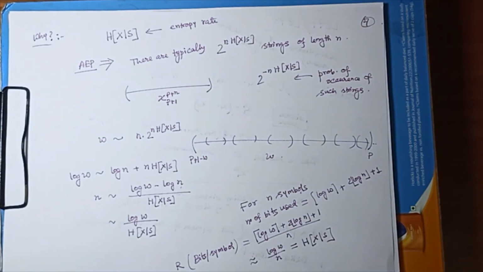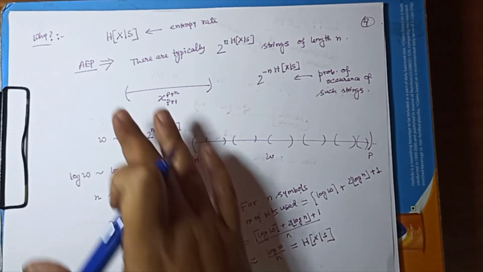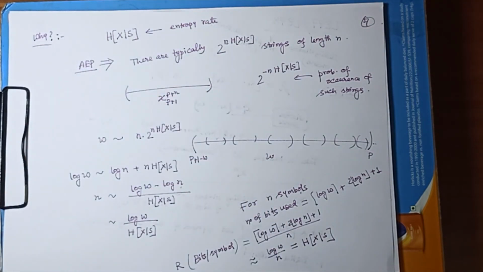So using this method and this asymptotic equipartition property, using the understanding that the sequence of n will appear with high probability, you can see that the bits per symbol, or the rate, is coming close to the entropy bound.